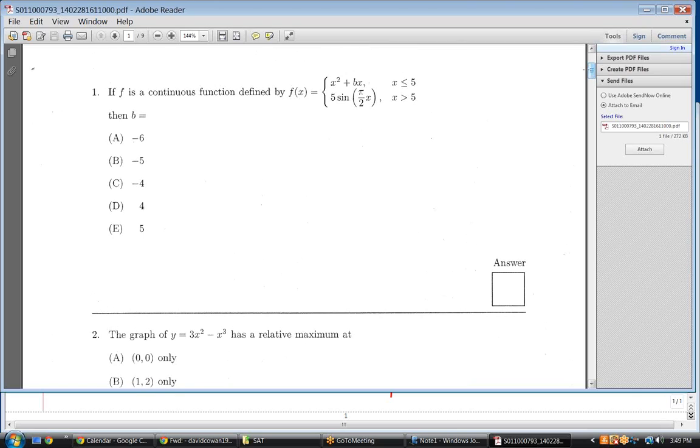Now, like I said, theoretically we could back solve that, but you still have to know that the hardest part of this problem is knowing that this has to be equal to this at x equal 5. And so back solving would not really help with that. So you have to know that understanding there.